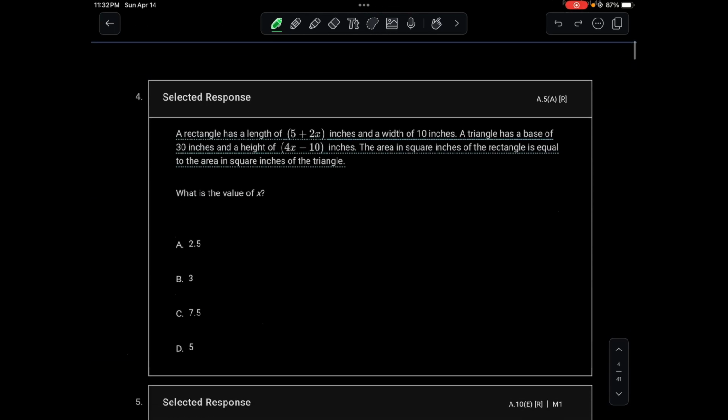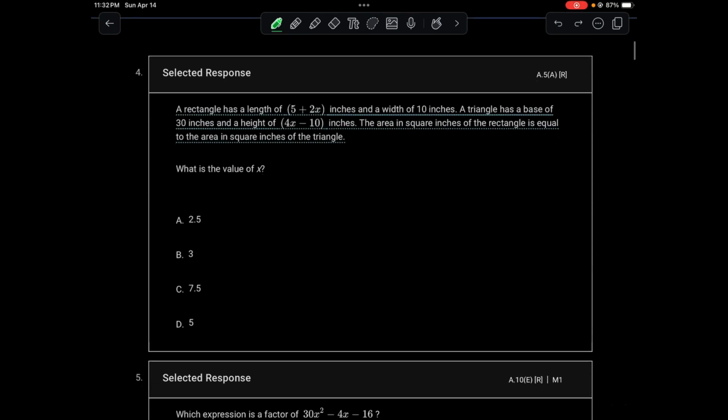We got number 4, rectangle. Oh, rectangle. Okay, so what is the shape of the rectangle? That is a rectangle. Let's see if the system will help me here.